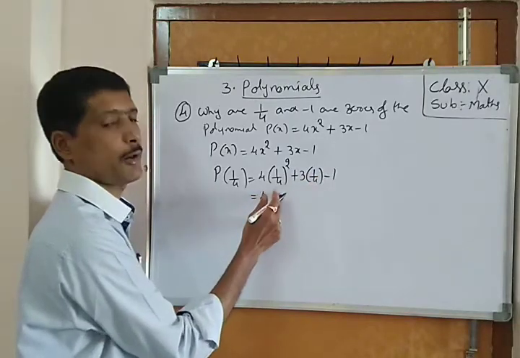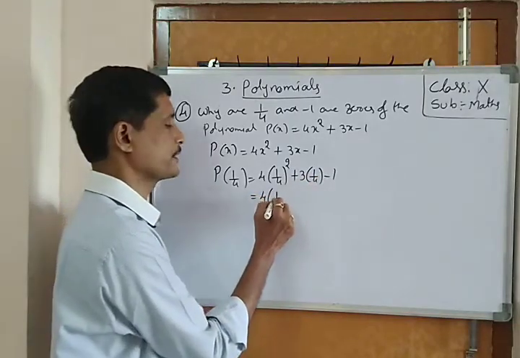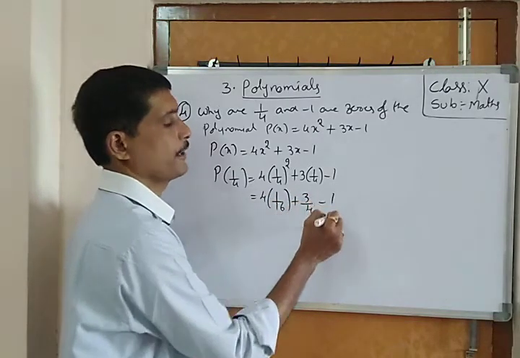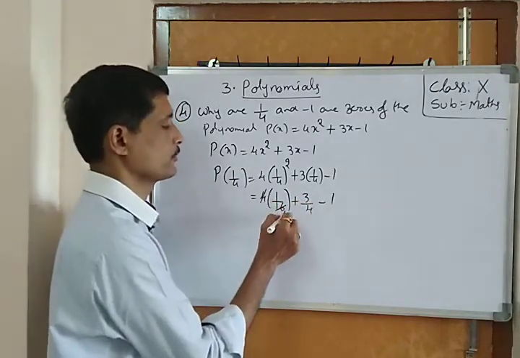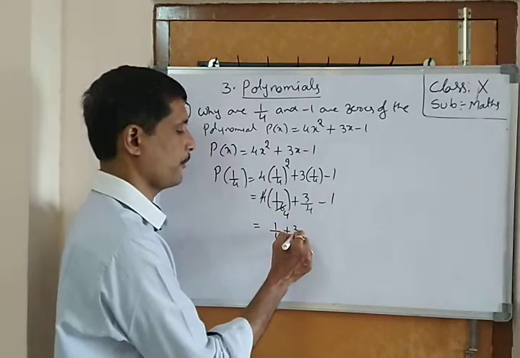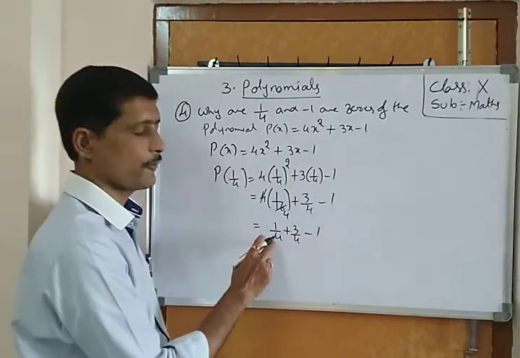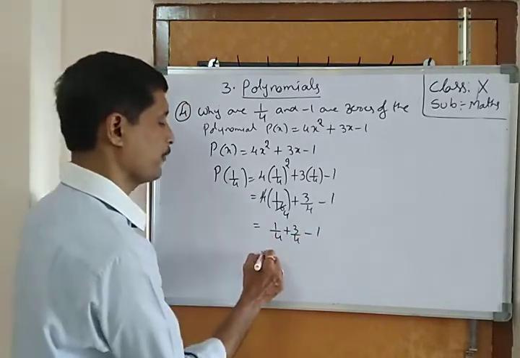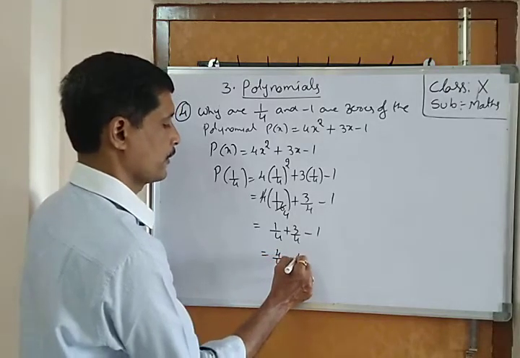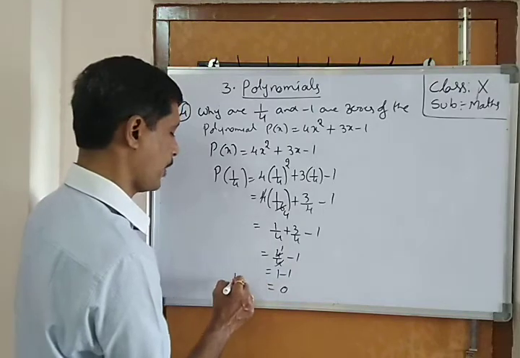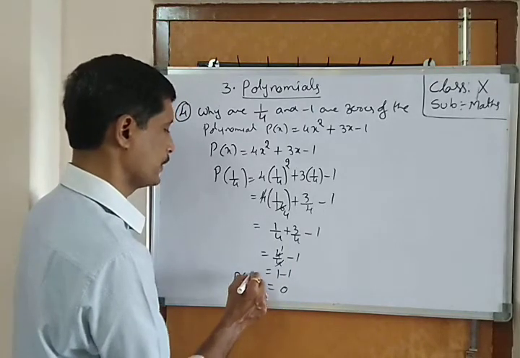Here 4 into 1 by 4 into 1 by 4, that is 1 by 16, plus 3 by 4 minus 1. Here 4 fours. Therefore here 1 by 4 plus 3 by 4 minus 1. Here 1 by 4 plus 3 by 4 both are like fractions. Therefore add that one. Therefore 4 by 4. Here 4 by 4 means that is also 1. 1 minus 1, that equal to 0. P of 1 by 4 equal to 0.